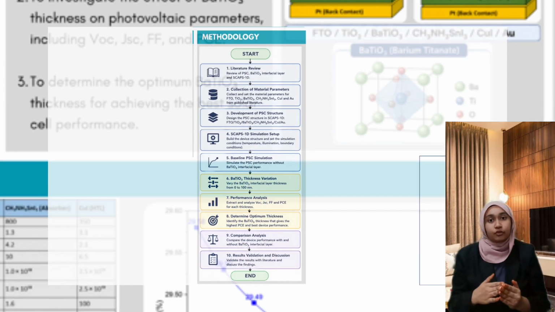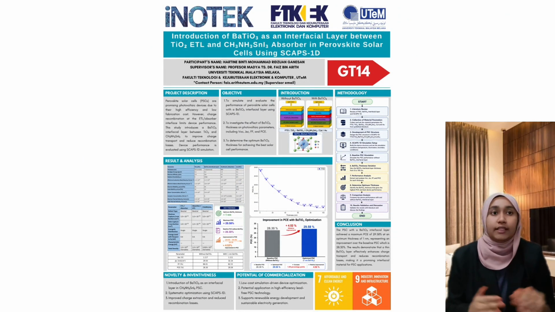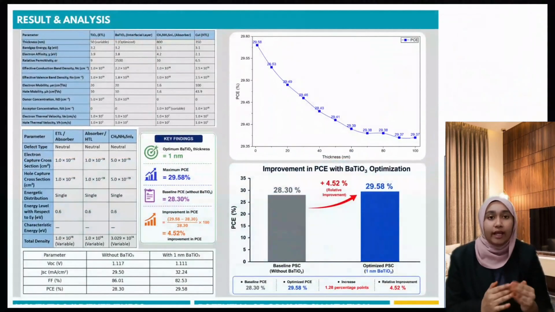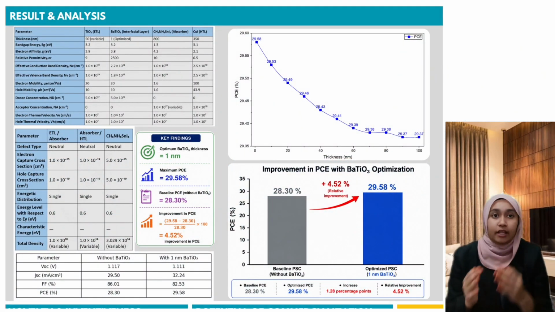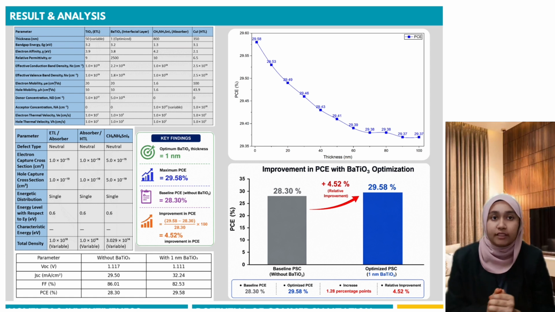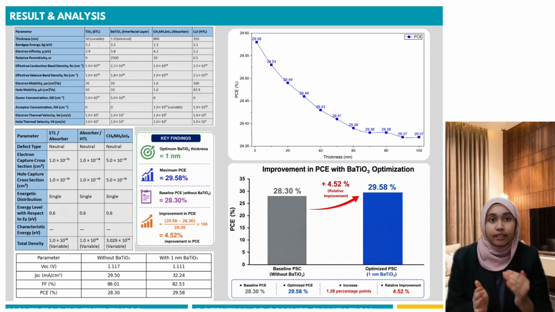So now let's look at the result part. Let's see the thickness optimization that I have done. This graph shows the effect of barium titanate thickness on power conversion efficiency. As we can see here, the highest efficiency was achieved at a thickness of 1 nanometer with a power conversion efficiency of 29.58%. As the thickness increased, the efficiency gradually decreased.